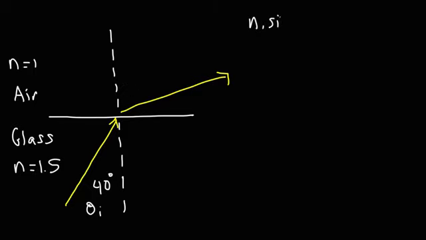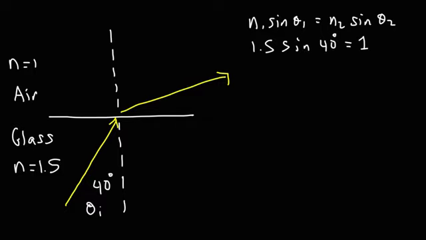So it's n1 sin θ1 = n2 sin θ2. So n1, we're going to say that's for glass. That's 1.5 times sin 40 degrees. That's equal to n2, the index of refraction for air, times sin θ2, or θr for the angle of refraction.